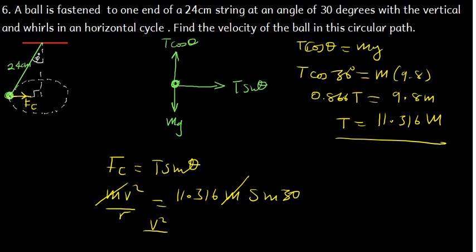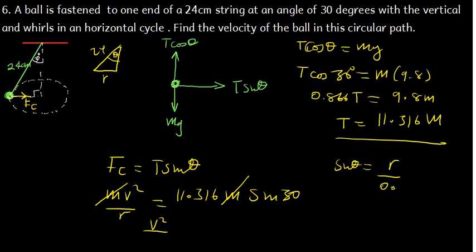Now radius, as we can see, we have a triangle here like this, where we know the angle there, we know this is 24, and we want to find the radius. So sin theta is equal to opposite, which is the radius, divided by 24 centimeters. We can convert the 24 centimeters to meters.